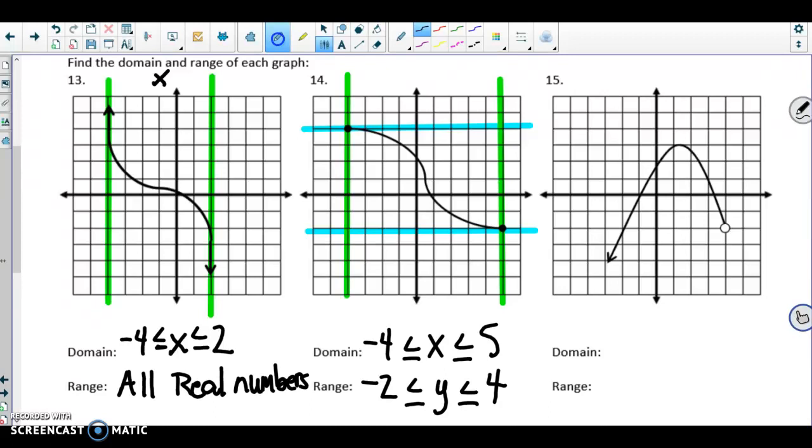And then number 15. Number 15, I have a starting point right here on the right. So I have this boundary here, but I don't have a boundary on the left. The only one I have is on the right.